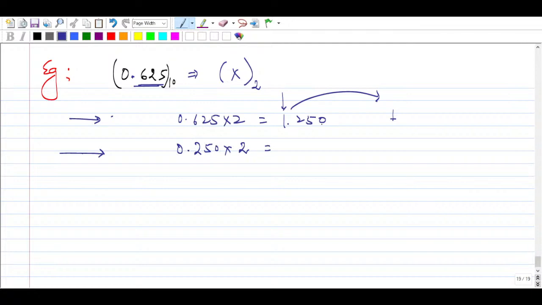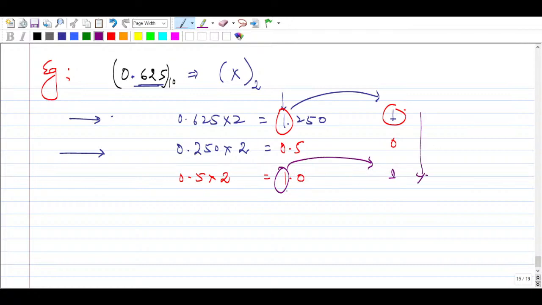Don't multiply 1.250 again. Just take out the integer part, collect that immediately, and again multiply the fractional part by the required base. You will get 0.5. Here the integer part is 0. Then 0.5 into 2 is 1.0. Now you have to stop here. You can collect from here to here, that is 101. So your answer will be 101.